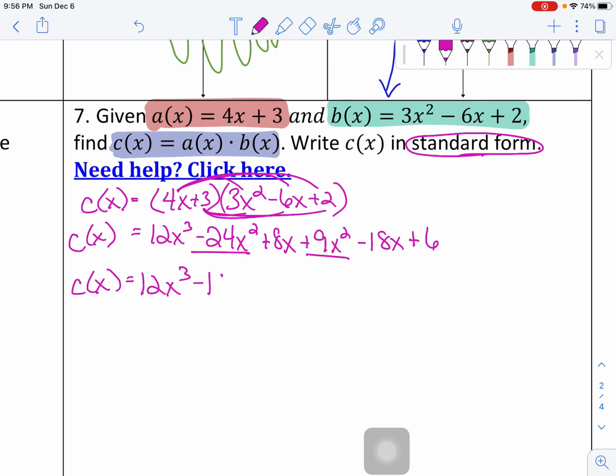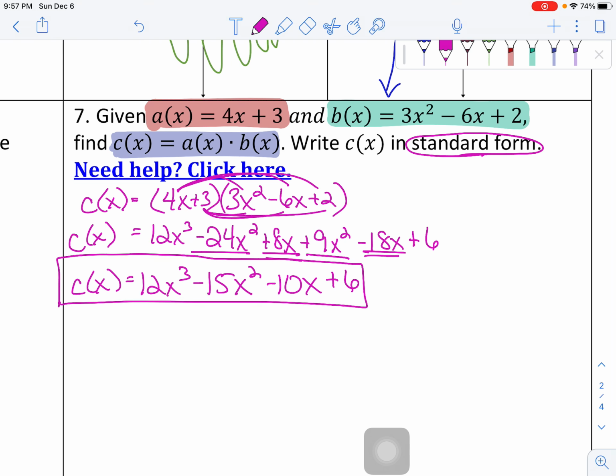Let's see, minus 24x squared plus 9x squared. I believe that would be negative 15x squared. I want to do a quick double check. Negative 24 plus 9 is negative 15. All right, still working right. Positive 8x with a negative 18x, those are both single x terms, so minus 10x and plus 6.